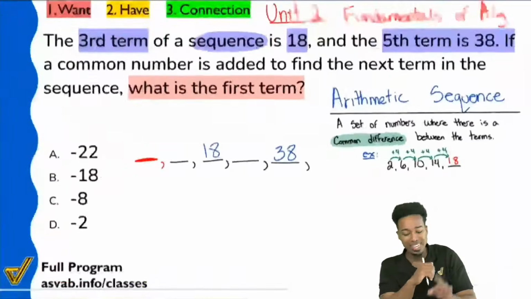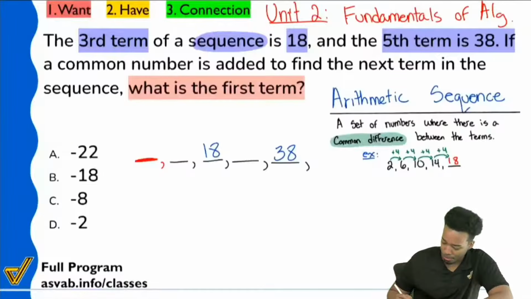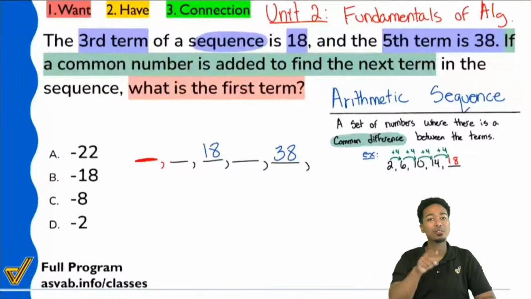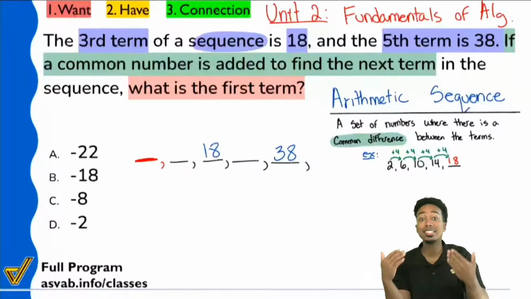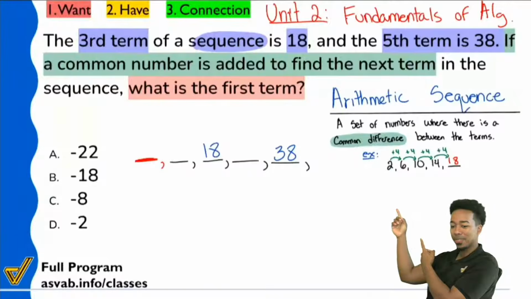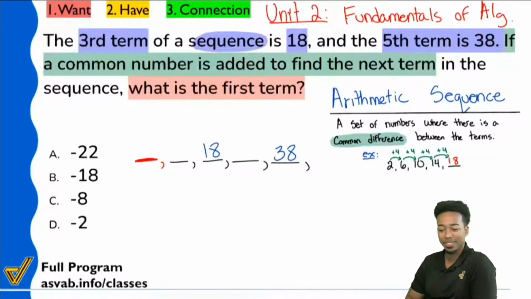The biggest key here is this, everyone. They tell you right here, if a common number is added to find the next term. Everyone, if they're saying that a common number is added to find the next term, is that the same thing as the common difference that we just talked about? It is.